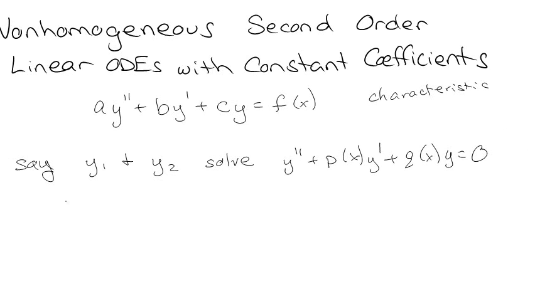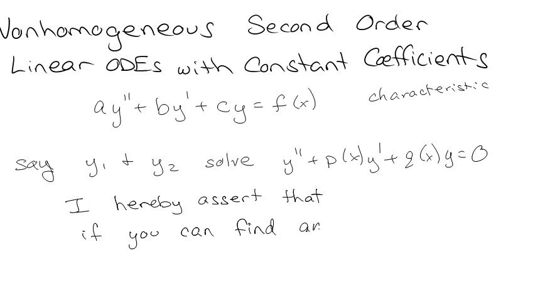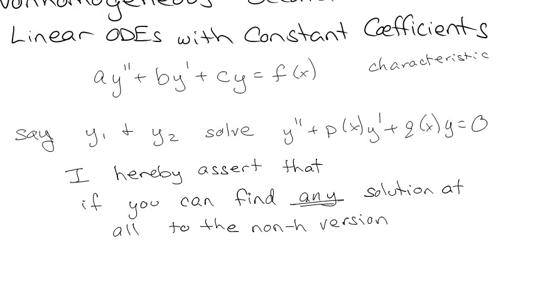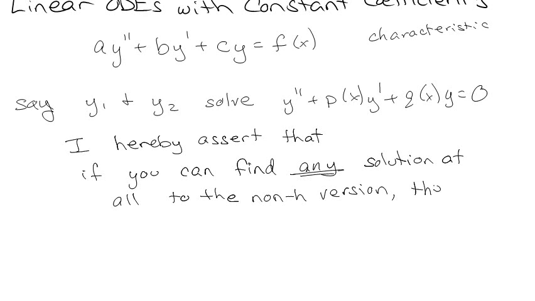Now, I hereby assert that if you can find any solution at all to the full equation, so to the non-homogeneous version, then we call that the particular solution, y_p.